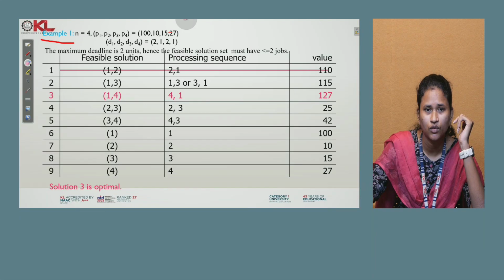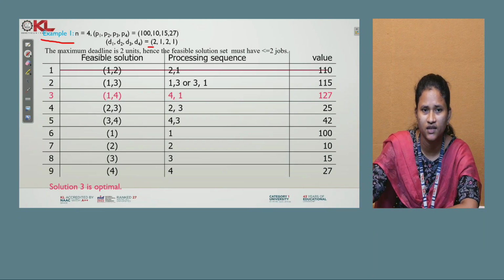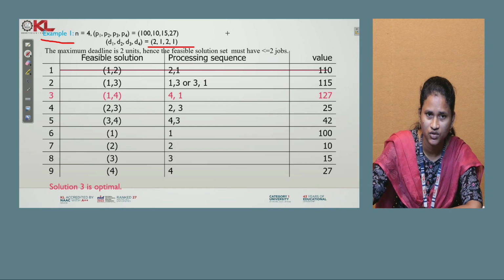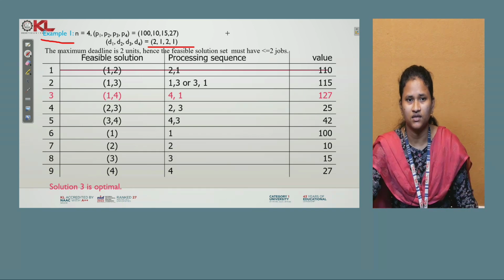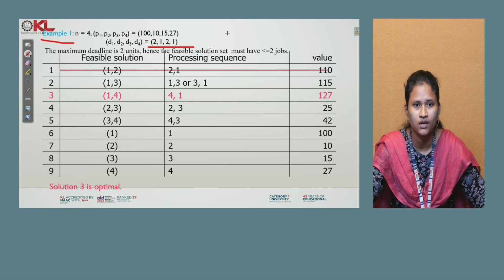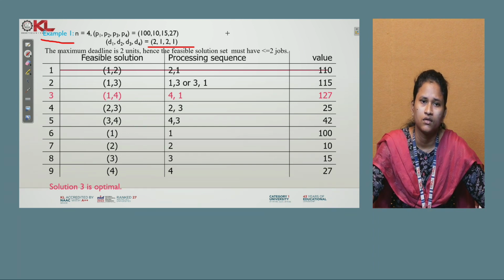Here we also have the deadline values. First, we have to arrange the jobs based upon the profit value: 100, 27, 15, 10. So the job order will change: J1, J4, J3, J2.